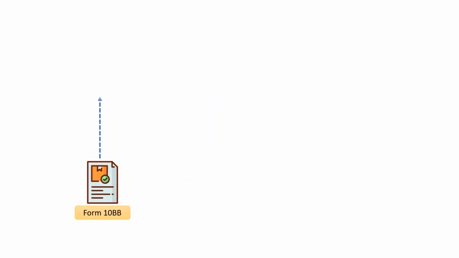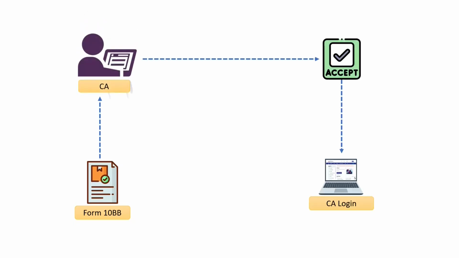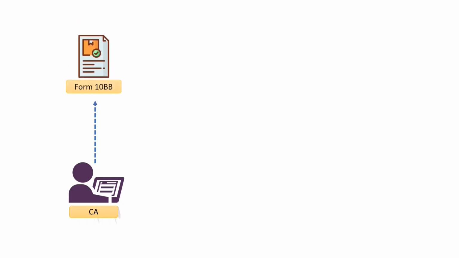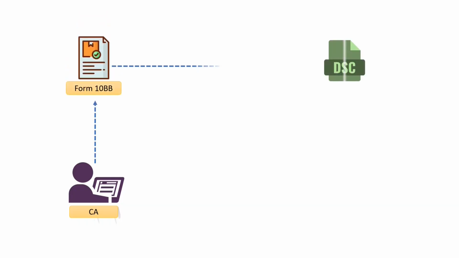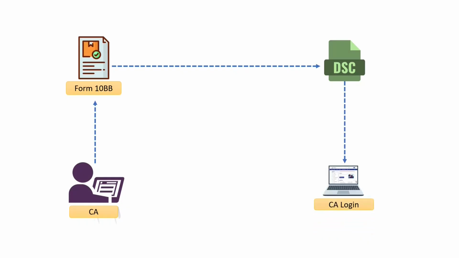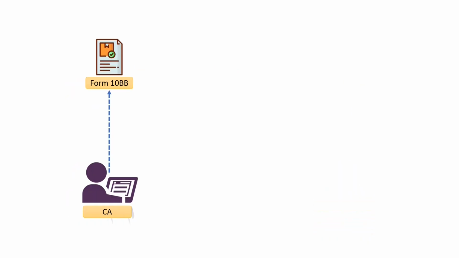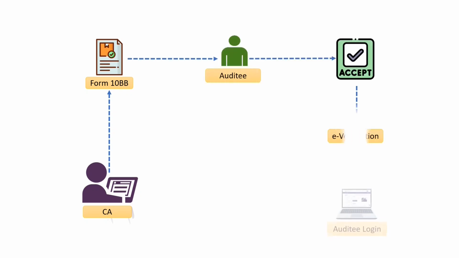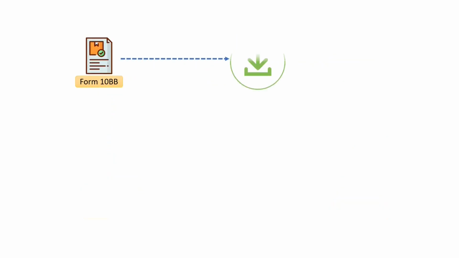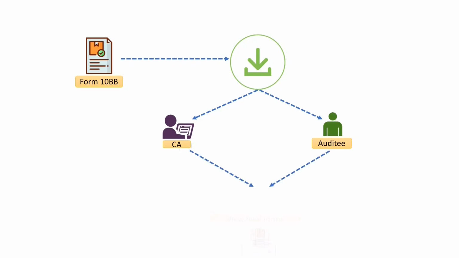Once the form is assigned, the chartered accountant can accept the request under the CA login, and then upload the form using digital signature certificate under CA login. Once the form is submitted by the chartered accountant, the auditee can accept the form and complete the process of e-verification under the auditee login. The submitted form can then be downloaded both by the chartered accountant and the auditee under View Filed Forms functionality.